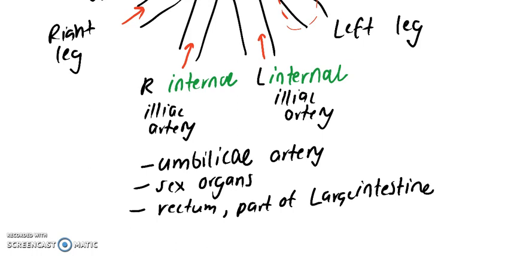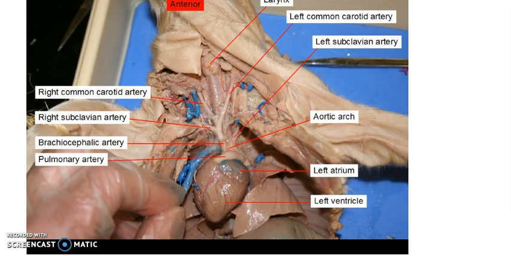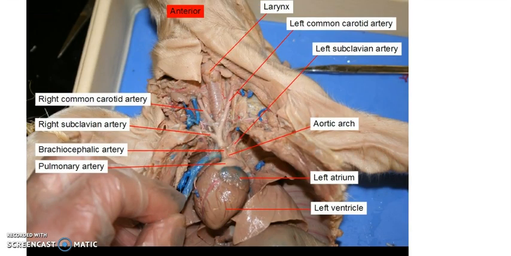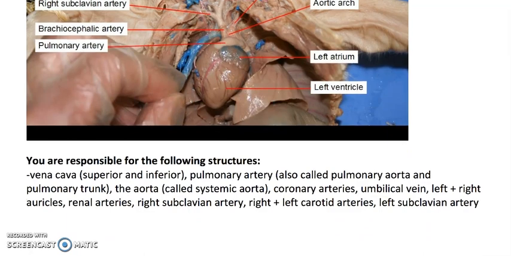And I think this was it. If I forgot anything. Umbilical artery, and yep. And here is an image of the major arteries that we mentioned and structures that you are responsible for.